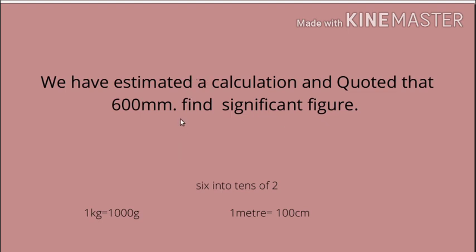So look here, since we have the mm scale, I have written 600 mm here, but what happens when we have a centimeter scale? For measuring the same quantity we get 60 centimeter, and when we have a meter scale for measuring 600 mm, what will we get? We'll get 0.6 meter.